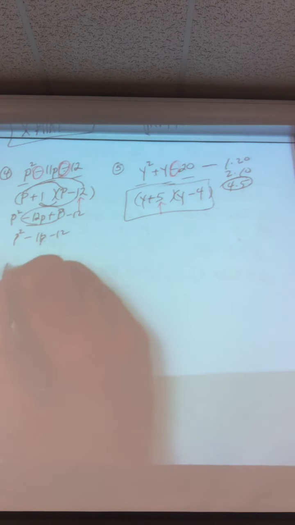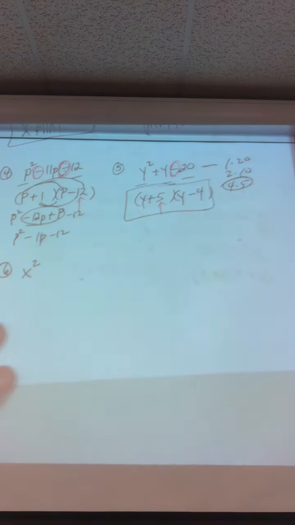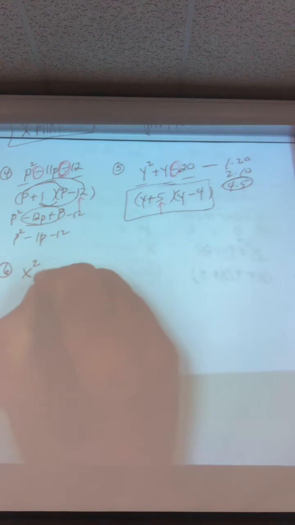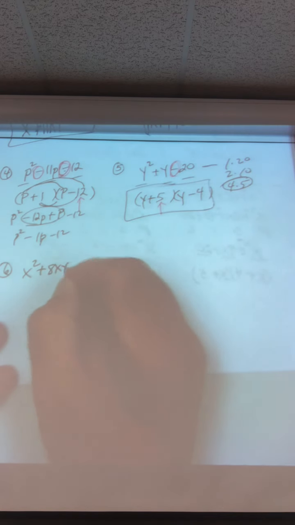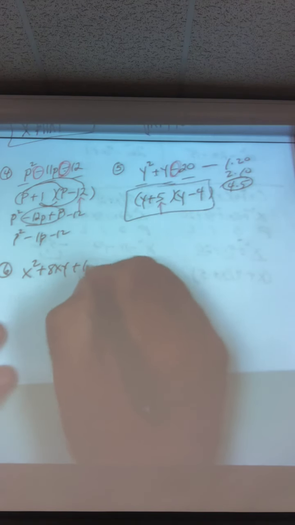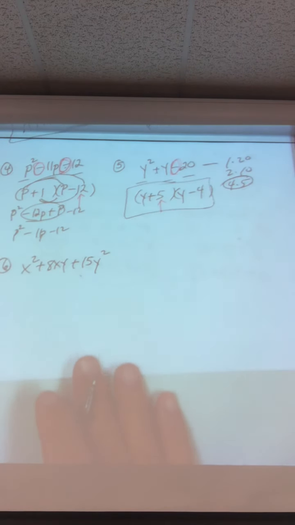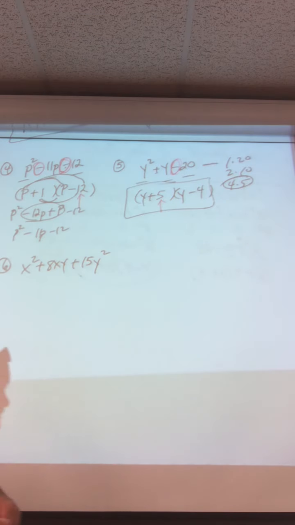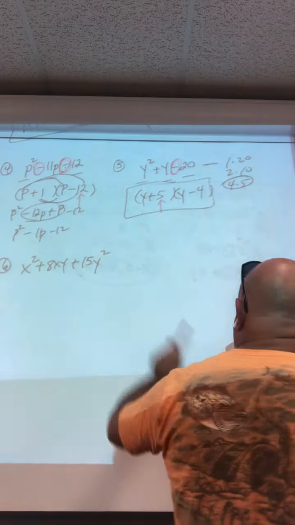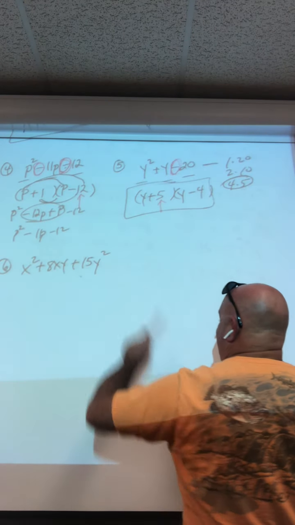Okay, let's look at another one. This one looks a little different. Now you say, wait a minute, this one's different because it's got a y squared on this end.